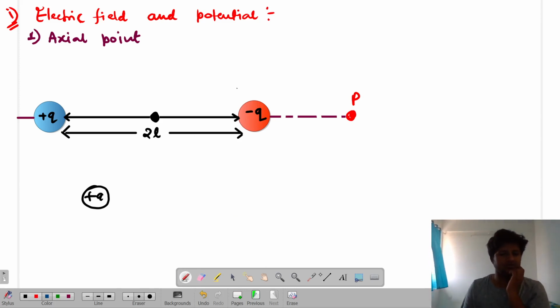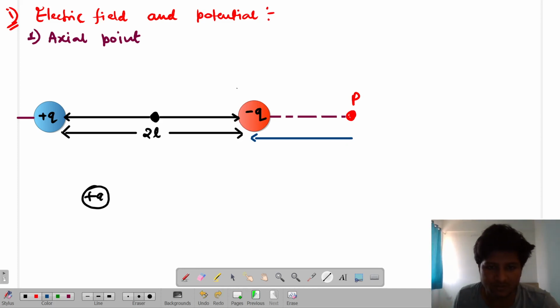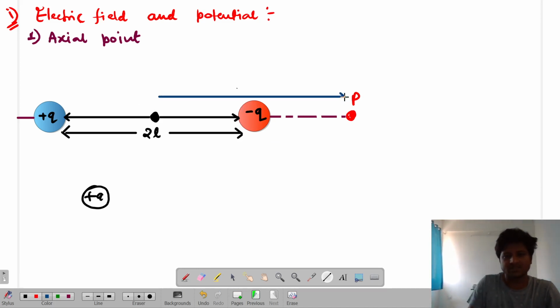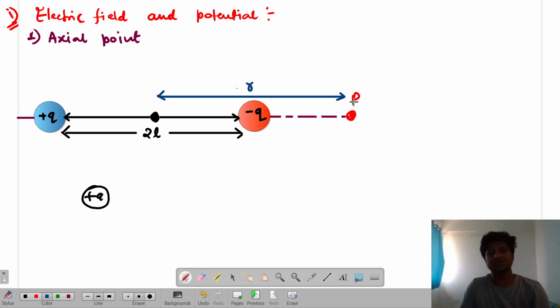So this is why we are going to mark it that way. Although this axial point is at some distance away from minus q, we will not consider it from there. The reason is that this distance 2l is very, very small, so I need to consider it from the average distance, which we call the center. Is that clear? So let's suppose from the center the point P lies at a distance r. Are you able to get me?